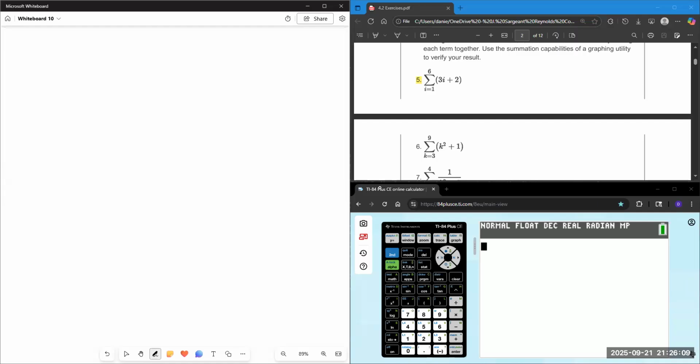So let's start with number 5 and introduce the concept of summation. Most of you probably haven't seen this before, unless maybe you covered it in a pre-calculus class, or you've taken some kind of statistics class where you had summations. Usually statistics is the place that we see this.